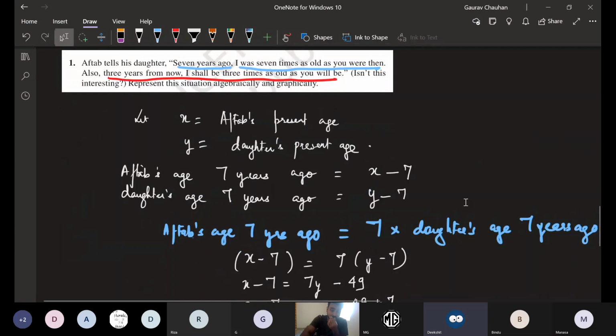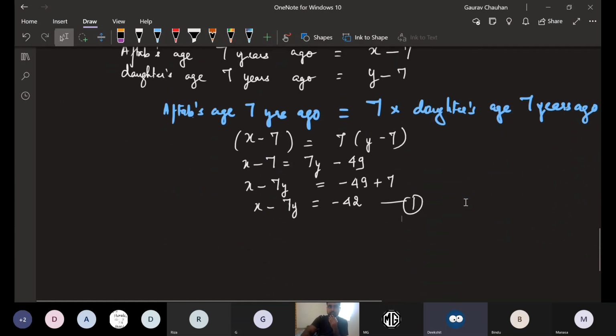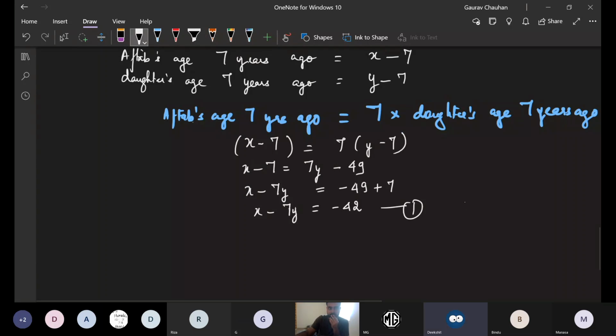So the next part is 3 years from now. So 3 years from now, Aftab will be x plus 3, sir. Okay, let's write like this: Aftab's age 3 years from now. Andre, can you explain that?